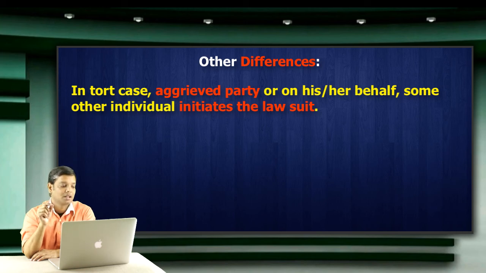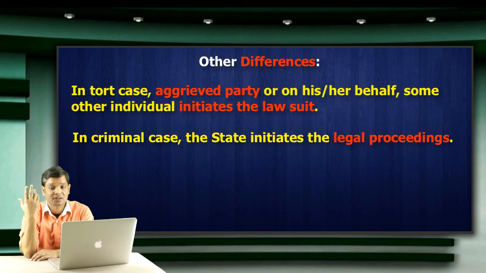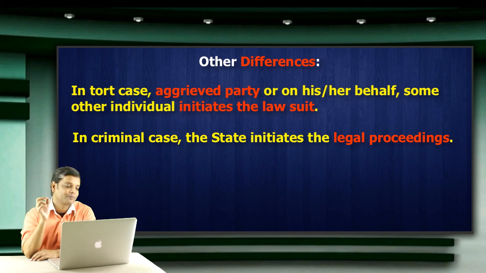I repeat, in tort case, the aggrieved party or on his or her behalf some other individual initiates the lawsuit, whereas in criminal case, the state initiates the legal proceedings. So, tort is against the individual, whereas crime is against the state. So, this is the difference, very important, keep in mind always.